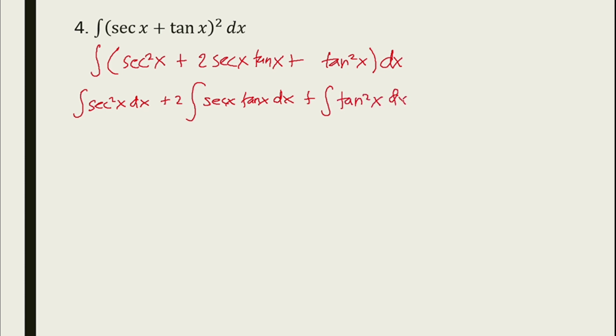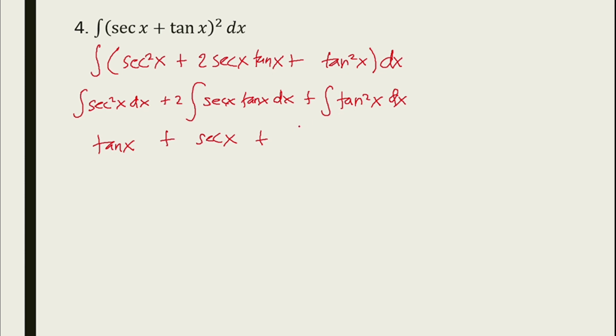So next, the integral of sec squared x dx is equal to tan x. Therefore, this is tan x plus 2 times the integral of sec x tan x dx, which is equal to secant x.